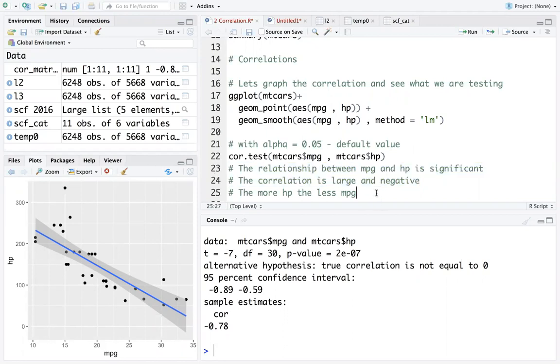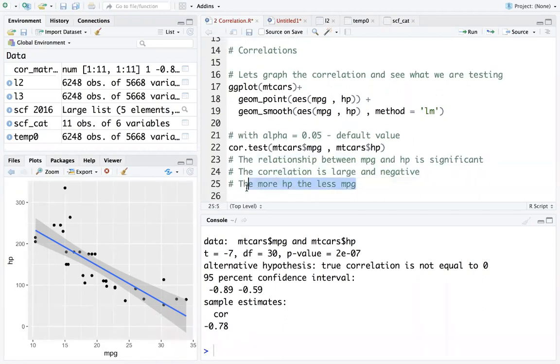Well, in very simplistic terms, you would report that the more horsepower, the less miles per gallon. So I'm asking you a 4th thing that has nothing to do really with stats: explain it to someone that doesn't know what a correlation is, doesn't know what alpha is, doesn't know what a p-value is. In the end, what's the bottom line? What do I need to know? More horsepower, less miles per gallon.